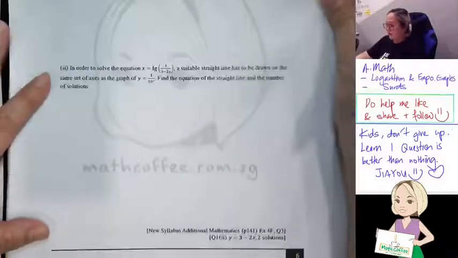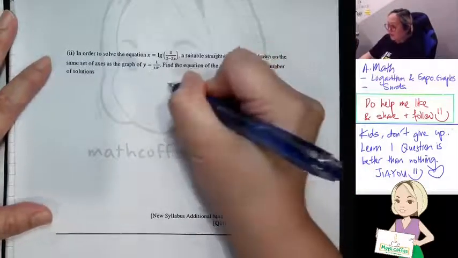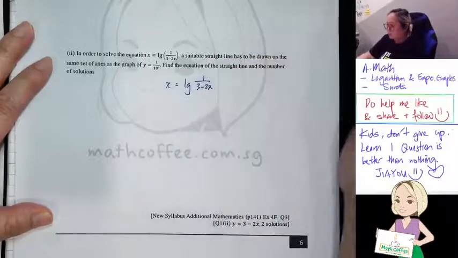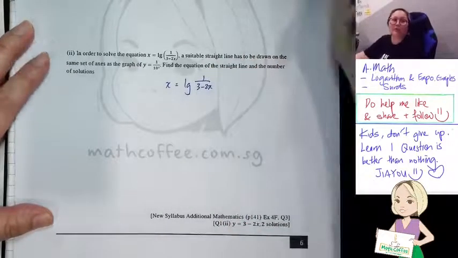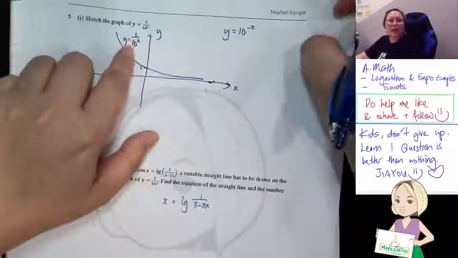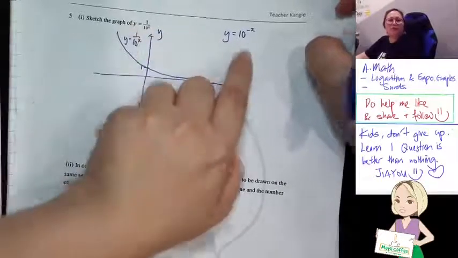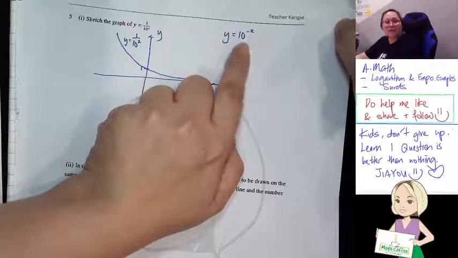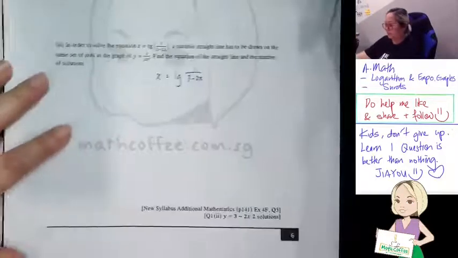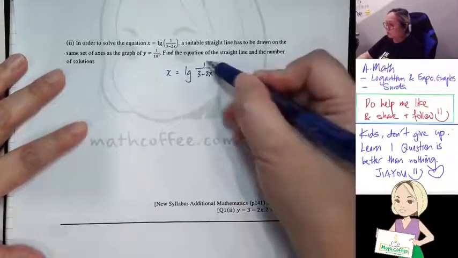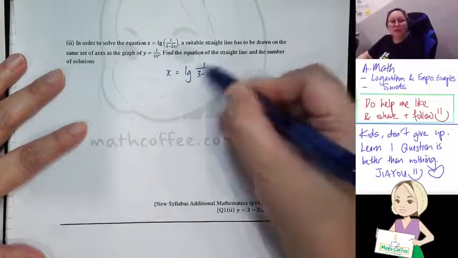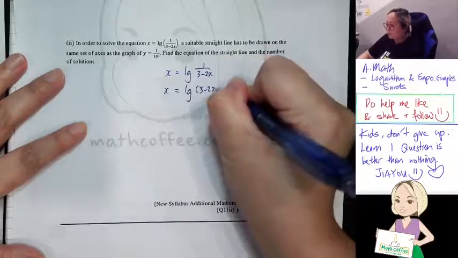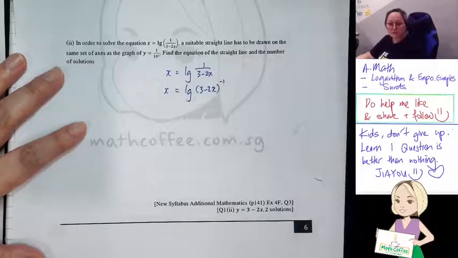Okay, and now we got to shift this one again. So x equals to log 1 over 3 minus 2x. Your objective is to get 10 to the power of negative x. So I'm going to change this one first: x equals to log 3 minus 2x to the power of negative 1.